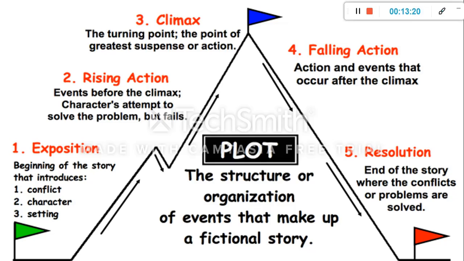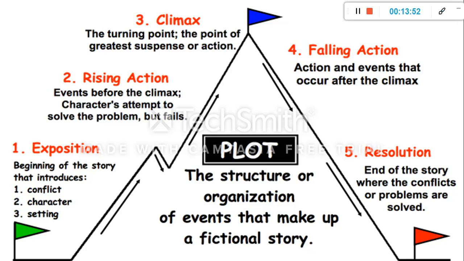On the left side we have the exposition and the rising action, and on the right side we have the falling action as well as the resolution. So the climax is the highest point, in which the conflict is at its most intense, the point of greatest suspense or action.